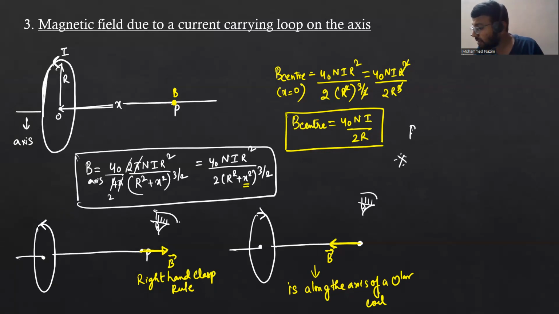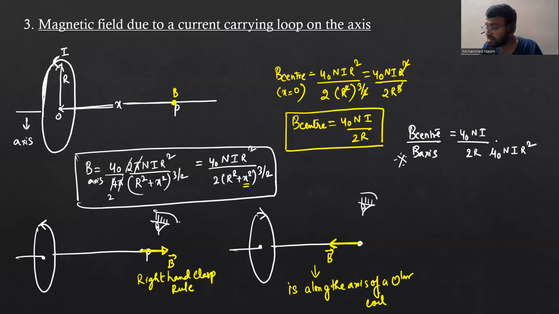We need to calculate B center divided by B axis. This ratio is very important from the exam point of view, B center by B axis for a circular loop. At the center, it is nothing but mu naught N i by 2R, and on the axis, this is the formula. So if I substitute here, mu naught N i R square and then this 2, this term, if I divide, will go into the numerator.